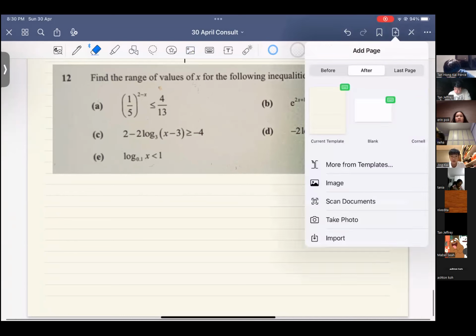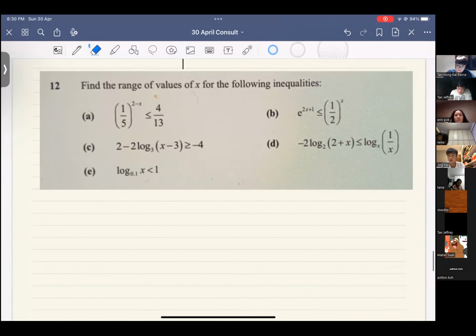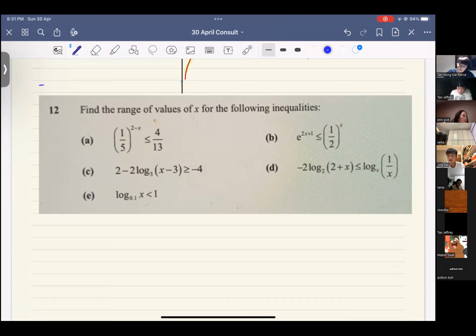Okay, so let's start from 12A. Children, those who just joined, this is topic 5 revision package, question 12. First, let me write down.